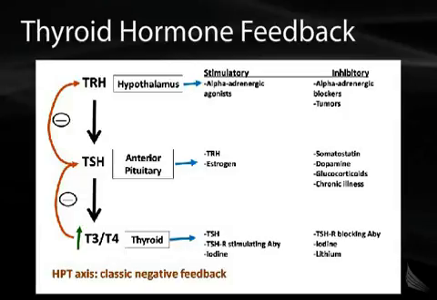Likewise, TSH from the pituitary is stimulated by estrogen or TRH, whereas inhibited by somatostatin, dopamine, glucocorticoids, or even by chronic illness. And finally, thyroid hormone release is stimulated by TSH or a TSH receptor stimulating antibody or iodine, and inhibited by iodine or lithium, and also by TSH receptor blocking antibodies.